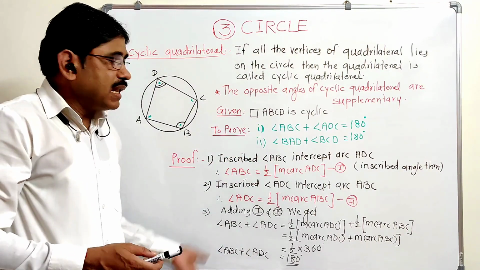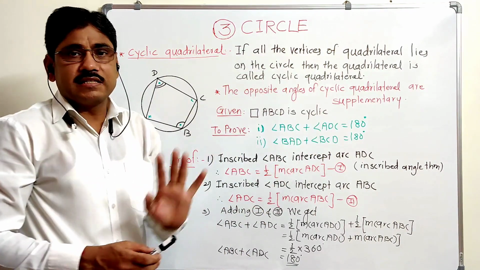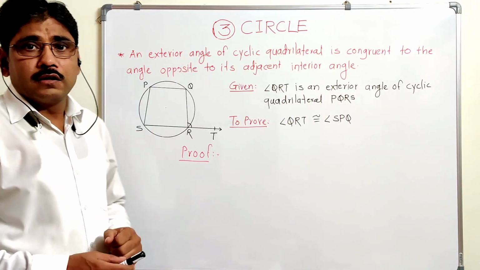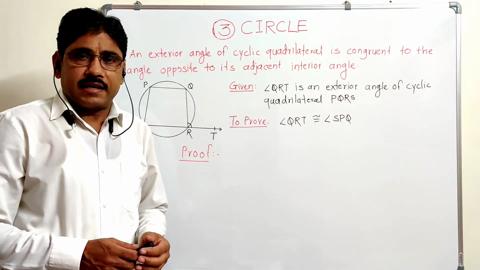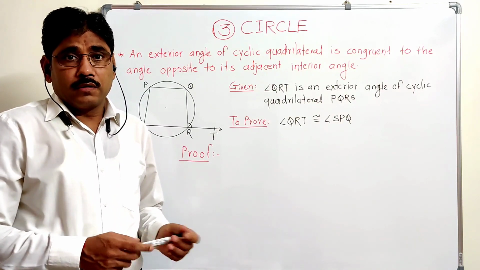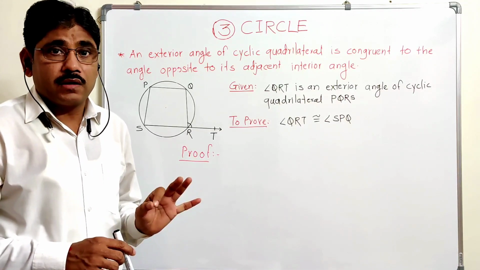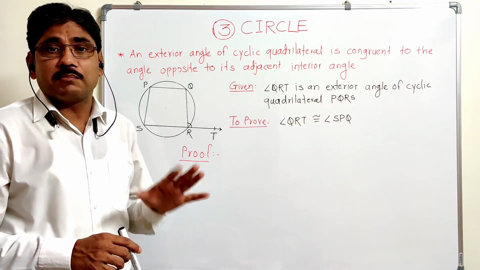We can write similarly angle BAD plus BCD is equal to 180 degrees. This is the corollary of the cyclic quadrilateral theorem. You know the cyclic quadrilateral theorem: opposite angles of a cyclic quadrilateral are supplementary.